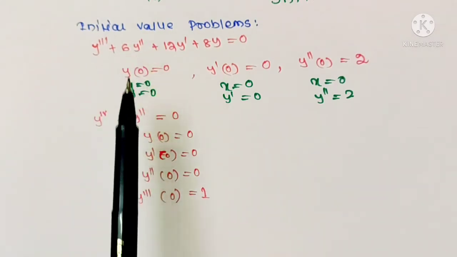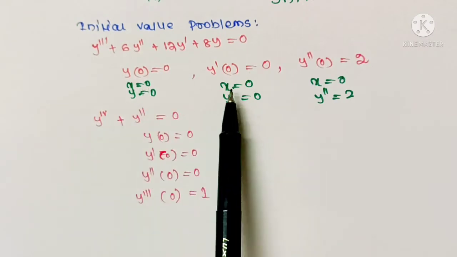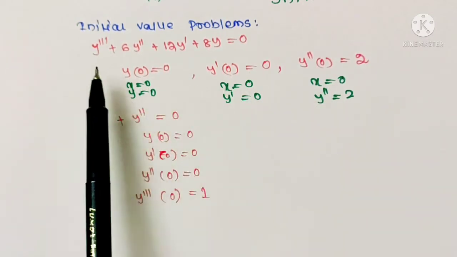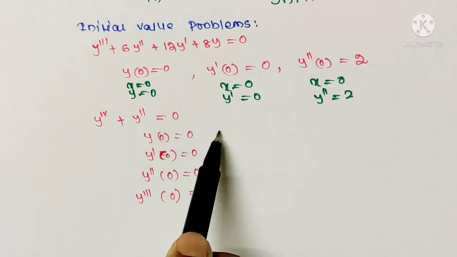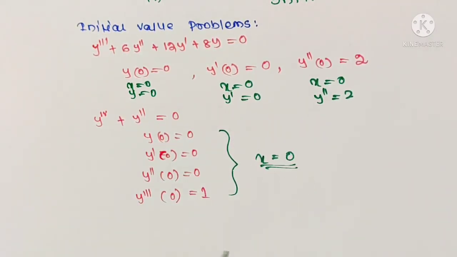You can see all the conditions are given at the same value of the independent variable, that is at x equals 0. So this is an initial value problem. Similarly, for this differential equation all the conditions are given at x equals 0, so this is also an initial value problem.